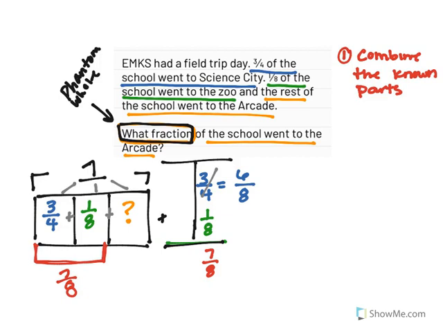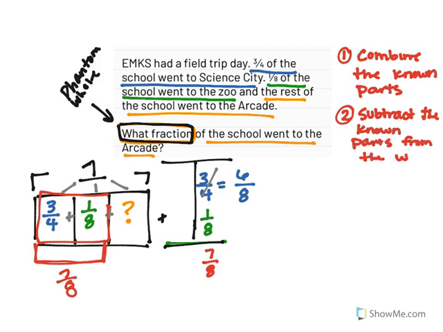Now all I have to do is take one whole minus my known parts to find the leftover part. So step 2, subtract the known parts from the whole. So we're going to subtract 1 minus 7/8. So we have one whole, and we're subtracting 7/8.